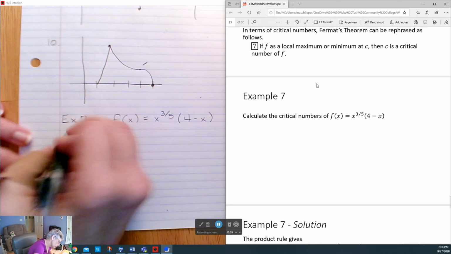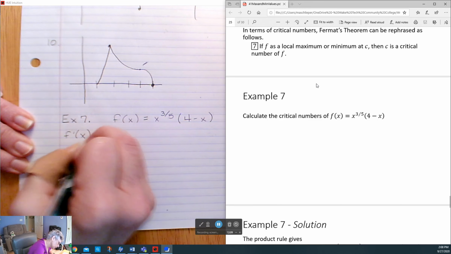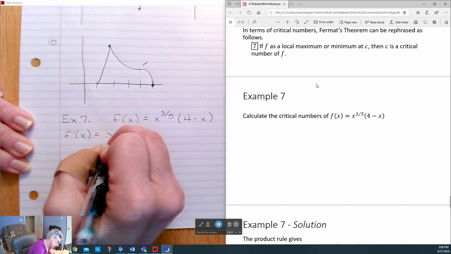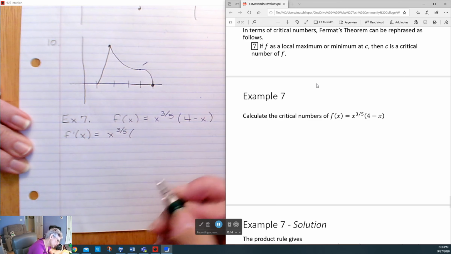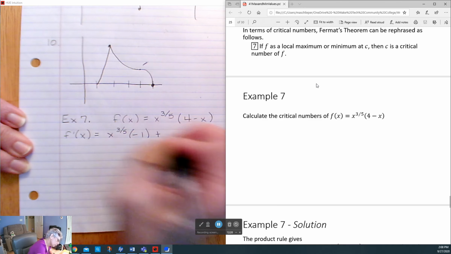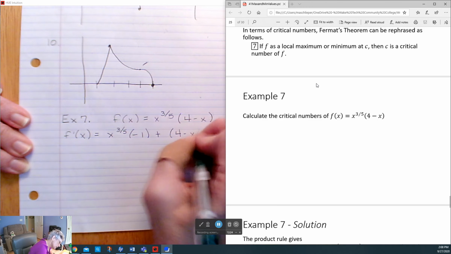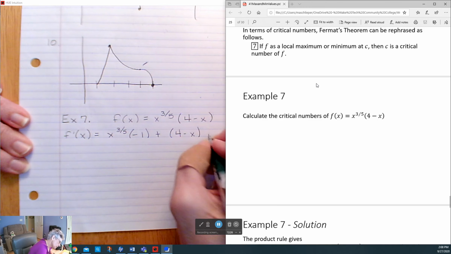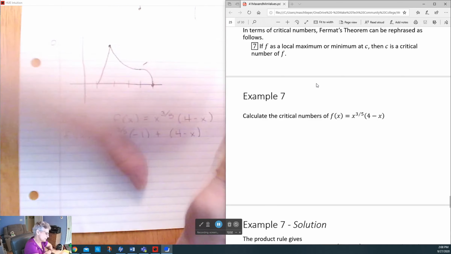I think I'll try the product rule. So it would be x to the 3/5 times the derivative of 4 minus x plus 4 minus x times the derivative of x to the 3/5, which is 3/5 of x to the minus 2/5.